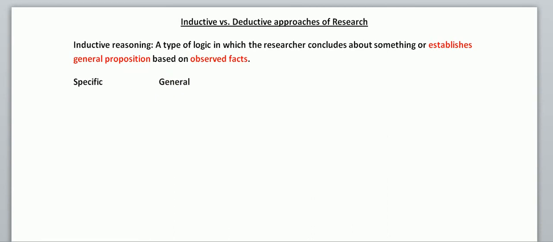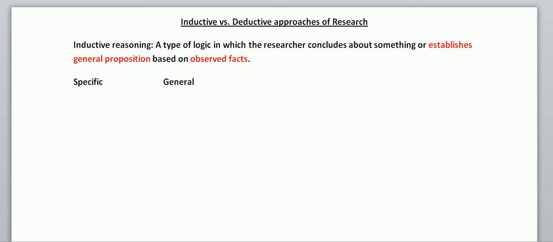What is a general proposition? What are observed facts? Whenever, for example, based on something specific you have observed, you conclude something general, right? And that is what is called inductive reasoning.